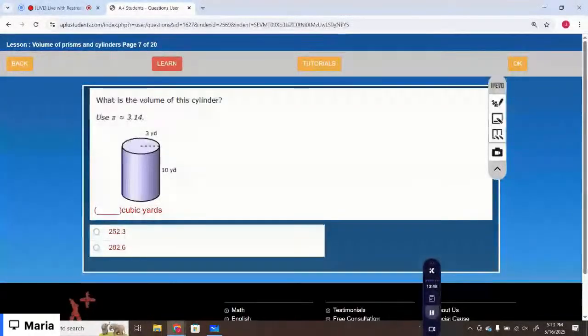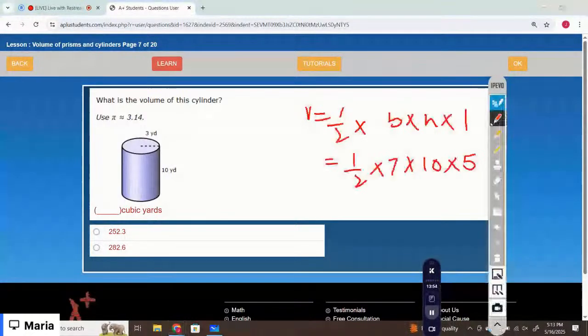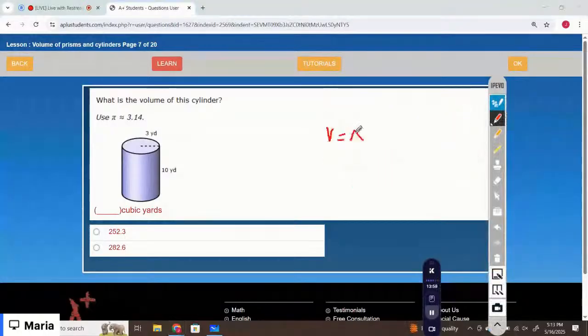What is the volume of the cylinder? That is V equals pi r squared h.